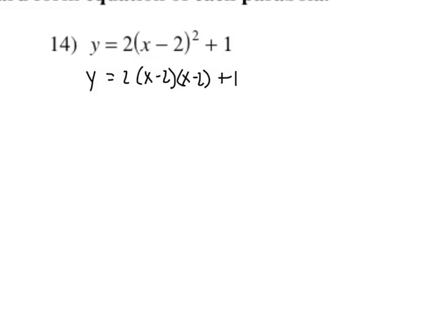Well, x minus 2 times x minus 2, I've got to FOIL that. So I have x times x is x squared. X times negative 2 is negative 2x. Negative 2 times x is another negative 2x. And negative 2 times negative 2 is a positive 4. I can combine like terms. Negative 2x minus 2x is negative 4x.